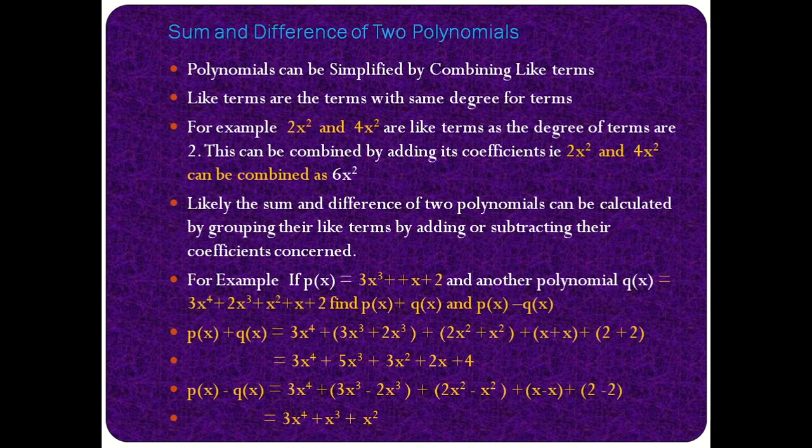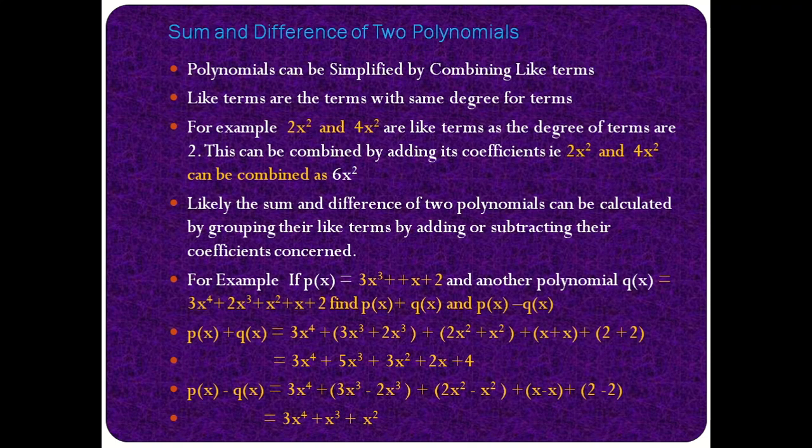Now, algebraic operations in polynomials. So how to find the sum and differences of two polynomials. Very simple. In polynomials, you can do addition and subtraction by simplifying, by combining like terms. So what are like terms? Like terms are the terms with the same degree.